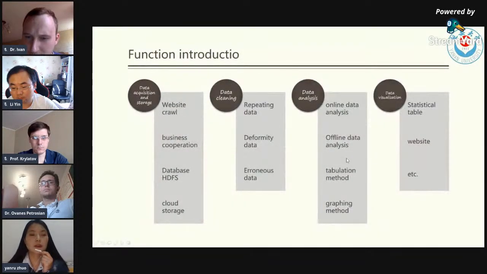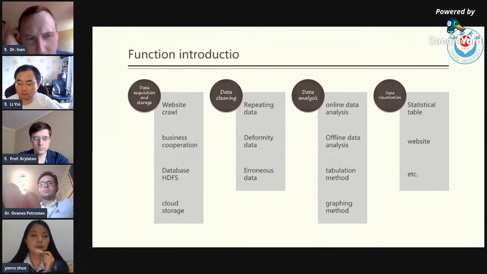You can see we put data acquisition and data storage together. Data acquisition comes not only from website crawling, but also from business cooperation. Website crawl data is stored in the database through distributed storage, which is needed for massive data.